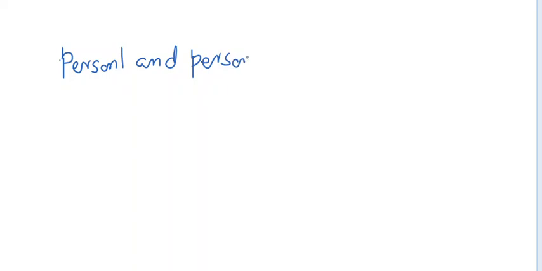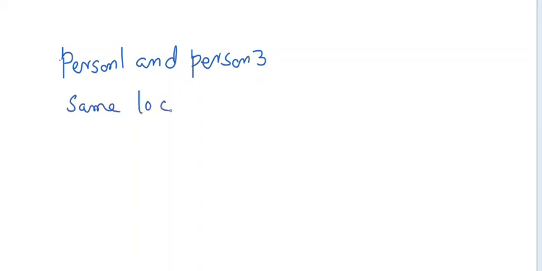So now person1 and person3 are shallow copies of each other, and person2 and person4 are shallow copies of each other. Why? Because they are pointing to the same location, they are at the same location.